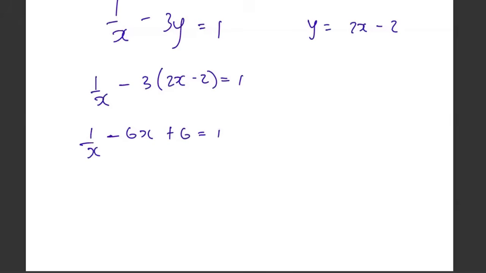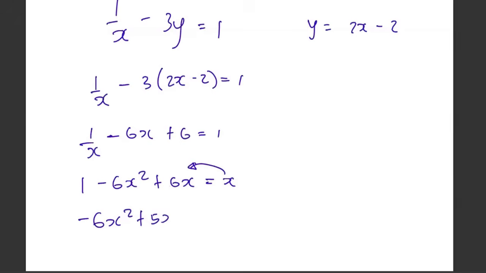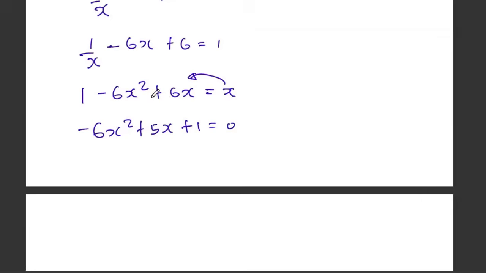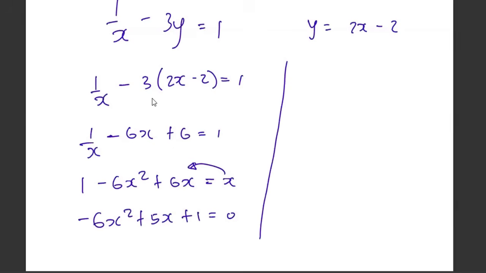Multiply through by x, so 1 minus 6x squared plus 6x is equal to x. If I move this one that side, I'm going to have negative 6x squared plus 5x plus 1 equals 0. We can divide through by negative 6, so that it is 6x squared minus 5x minus 1 is equal to 0.